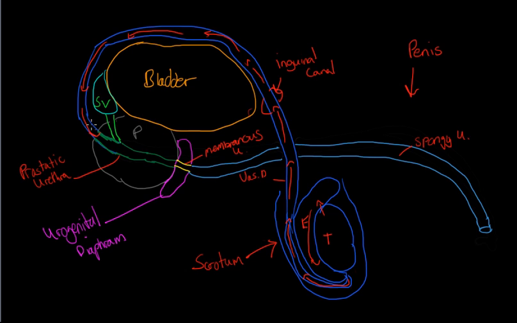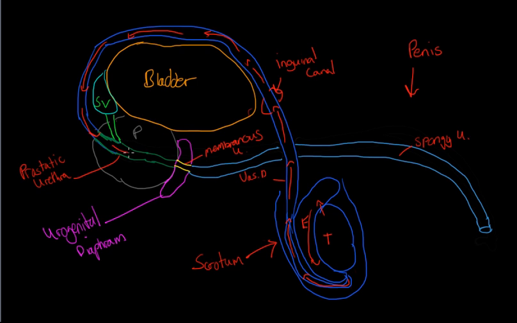When the vas deferens enters the prostate and combines with the seminal vesicle, that structure becomes the prostatic urethra. Prostatic urethra, so it's just the urethra within the prostate.